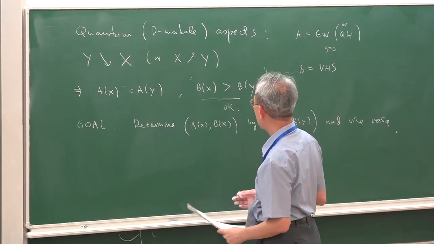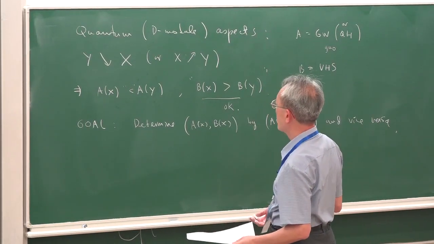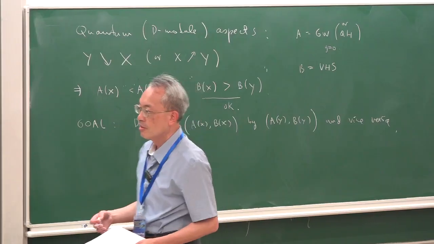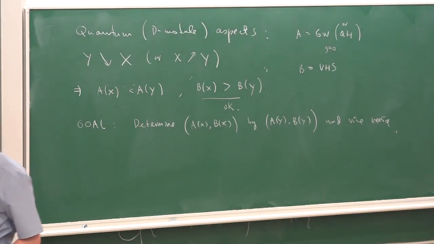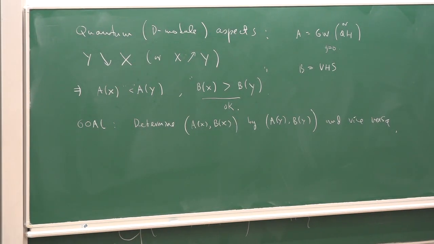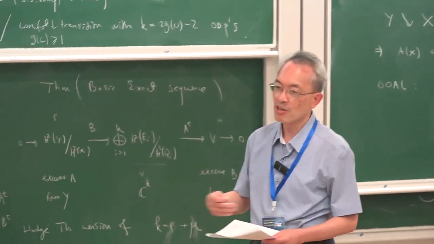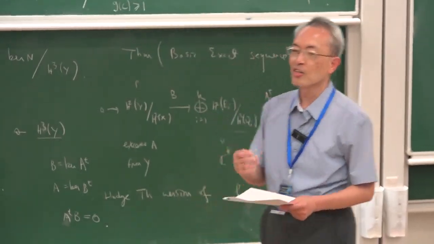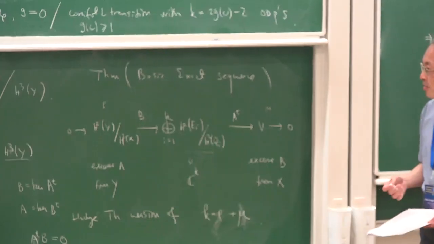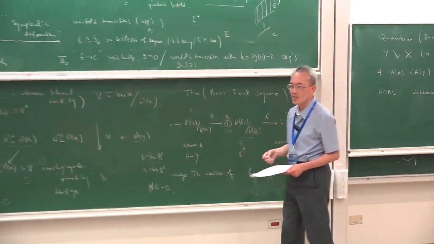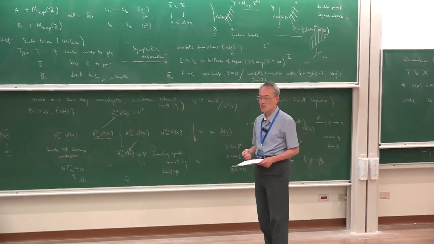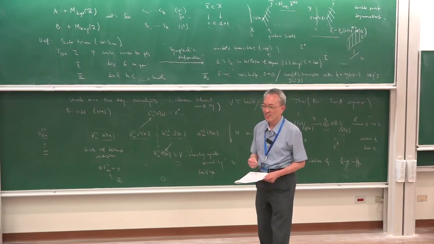But then I want to have somehow a mathematical theory to make sure all the topological field theory invariants still remain. And this could be determined by each other under transition. Okay, that's the goal.